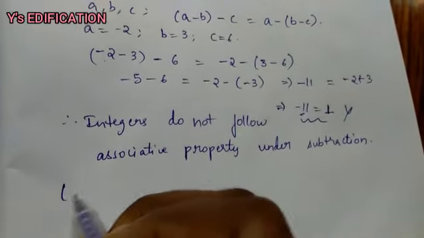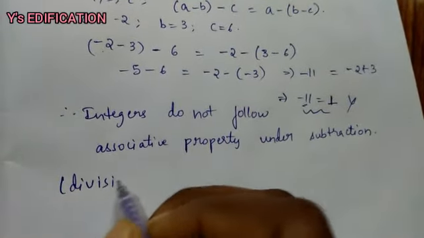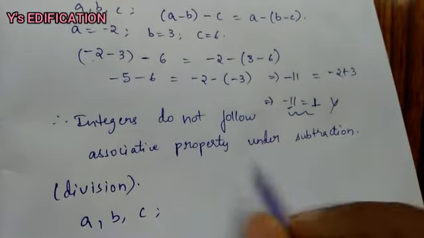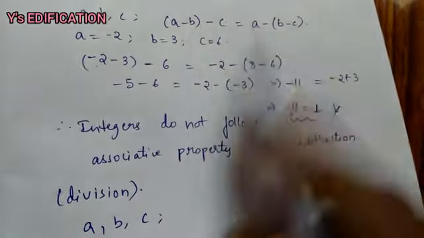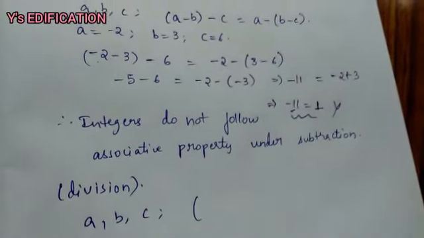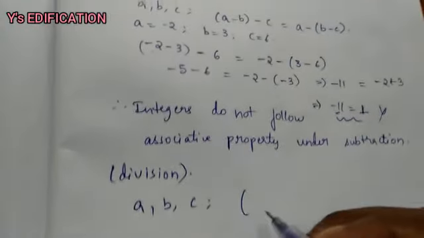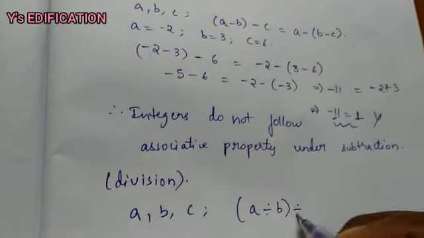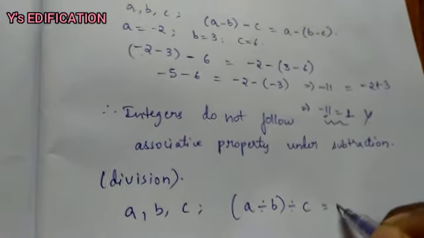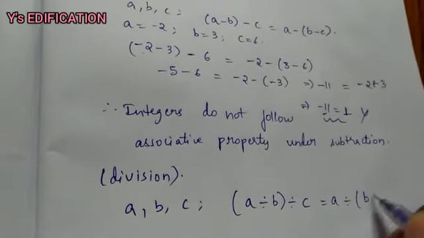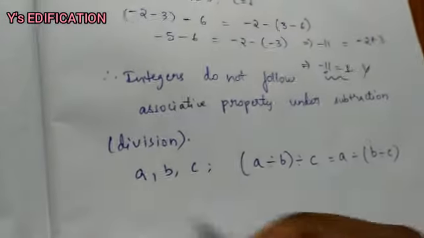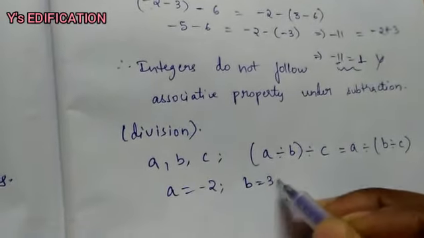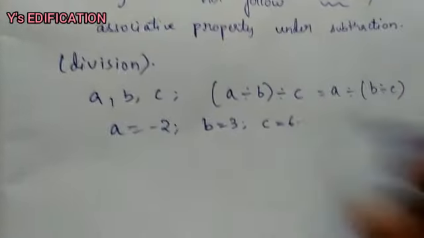Okay, and the last case is division. A, b, c are three integers. Replace this minus with division. So how can we write this? (a divided by b) divided by c is equal to a divided by (b divided by c). A is equal to minus 2, b is equal to 3, c is equal to 6.